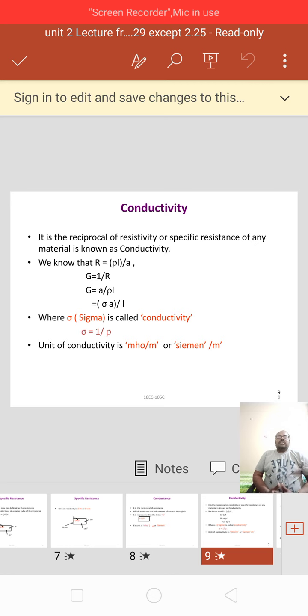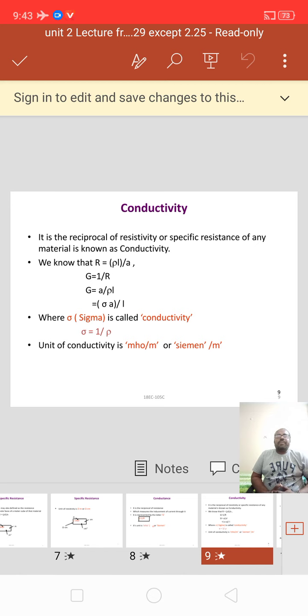Once again I am repeating the definition of conductivity, that is, it is the reciprocal of resistivity or specific resistance of any material. We know that R equal to rho into L by A, that is G equal to 1 by R. We are applying R value in G equal to 1 by R, so G equal to A by rho L, that equal to 1 by rho taken as separate and A by L as separate.